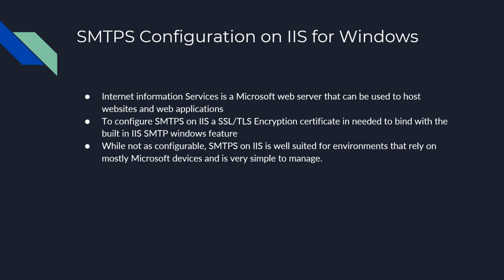To configure SMTPS on IIS, an SSL/TLS encryption certificate is needed to bind with the built-in IIS SMTP Windows feature. While not as configurable, SMTPS on IIS is well suited for environments that rely mostly on Microsoft devices and are very simple to manage.